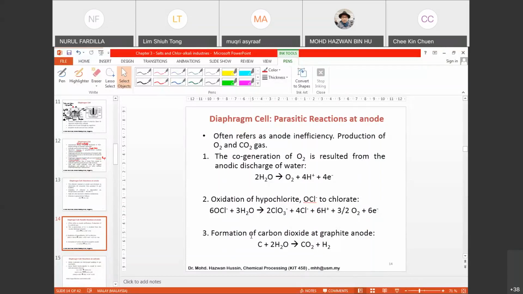And thirdly, the parasitic reaction is the formation of carbon dioxide at the graphite anode. When you use graphite or carbon as anode and it reacts with water, you will have a tendency for the formation of carbon dioxide plus hydrogen gas. So there are three parasitic reactions that may occur at the anode.